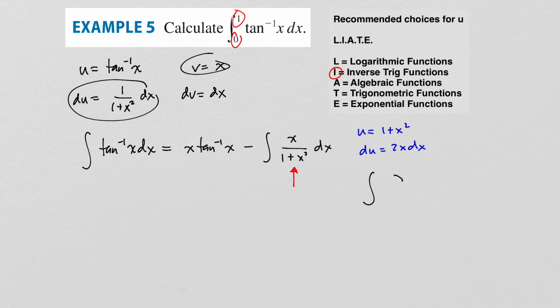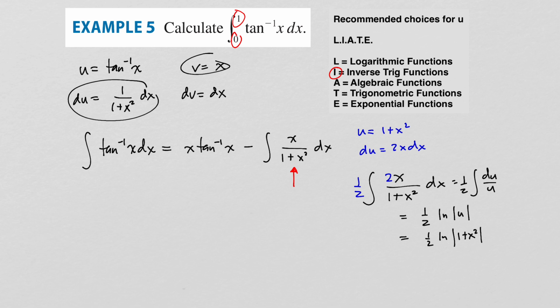And for the integral of x over 1 plus x squared dx, all I have to do now is put a 2 there, put a 1/2 on the outside, and this integral becomes 1/2 the integral of du over u, and that is going to be 1/2 times the natural log of the absolute value of u, which is 1/2 times the natural log of the absolute value of 1 plus x squared. So here is the work for that integral.